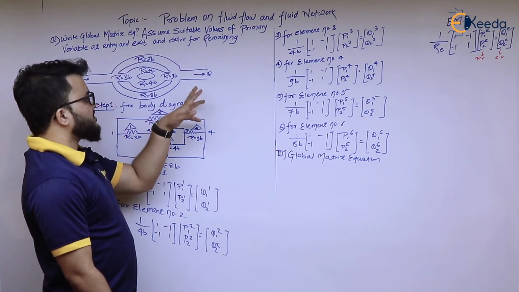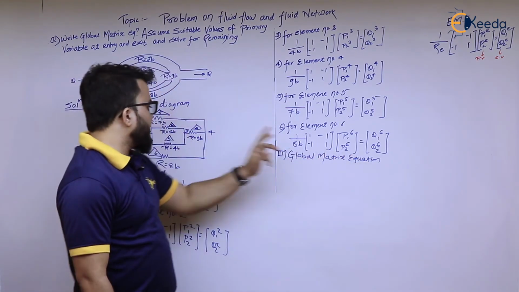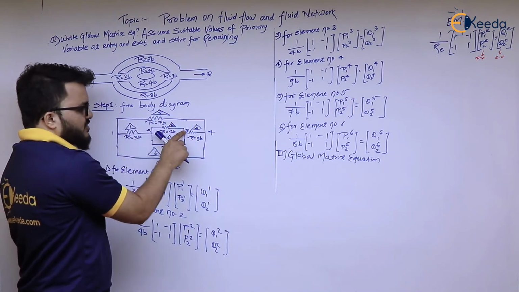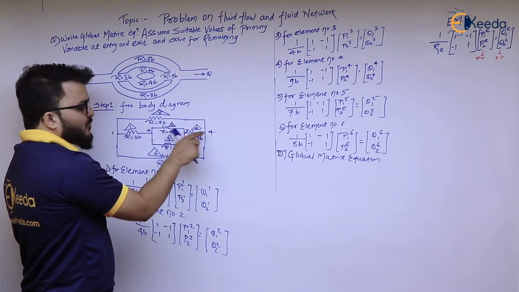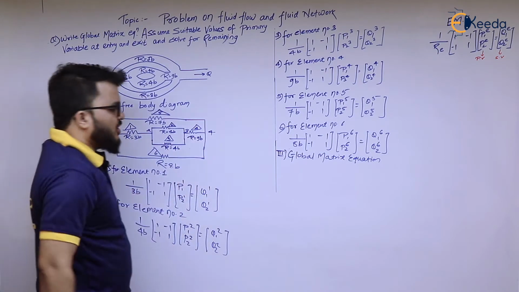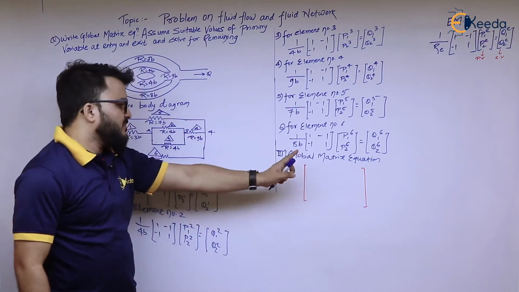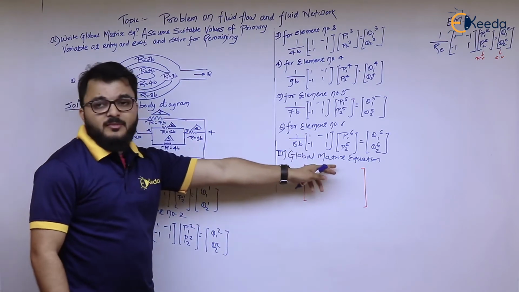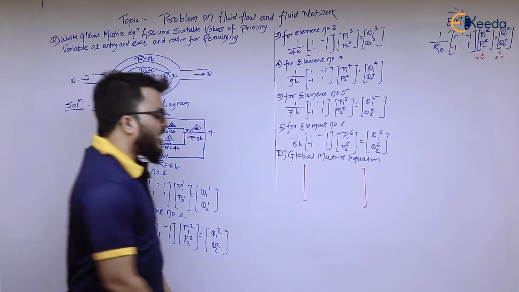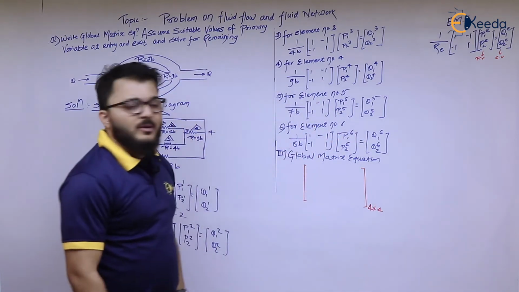In the last lectures we learned that the order of the global matrix equation depends on the number of nodes. Here the nodes are 1, 2, 3, 4, so there are a total of 4 nodes. Therefore the order of the global matrix will be 4 by 4. Please remember that the order of the global matrix equation depends on the number of nodes.